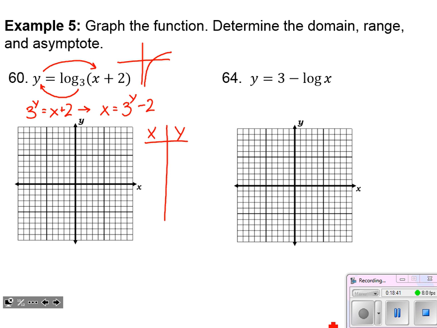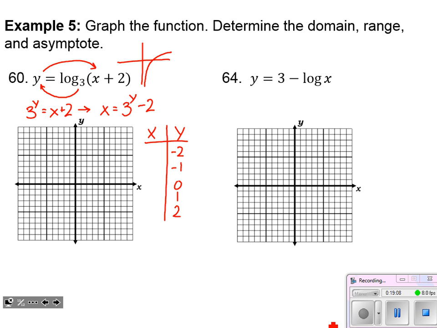I would subtract 2 from both sides. And now, since I'm dealing with an inverse, you can tell that my x and y have been switched. That's what logarithms do. I'm going to choose y values. And I'm going to run those through my formula there to find the x values that go with them. All right, so I'm going to use a calculator to help me out with that.